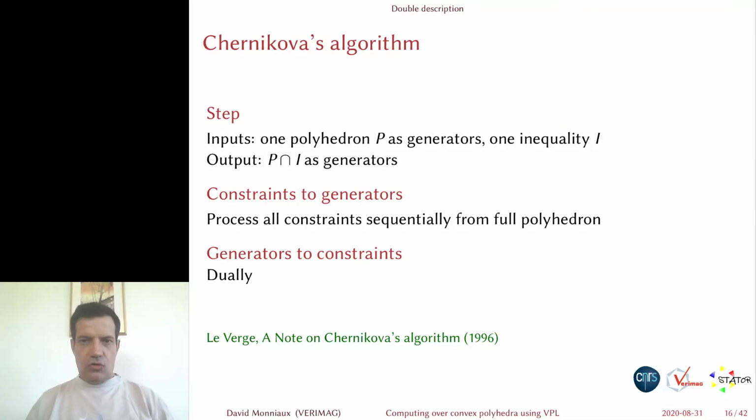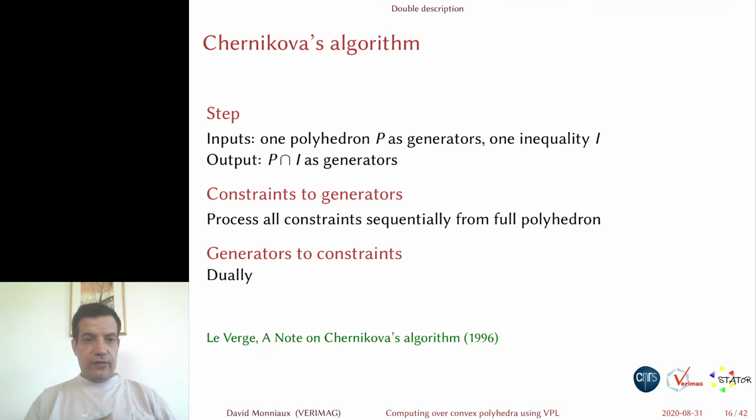So this was the generalities on polyhedra. So what do people do when they do dual description? There are several ways actually of moving from one description to the other. But most libraries use the so-called Chernikova's algorithm, which takes as input one polyhedron defined by generators and one inequality, and outputs the system of generators of the intersection of that polyhedron and this inequality.